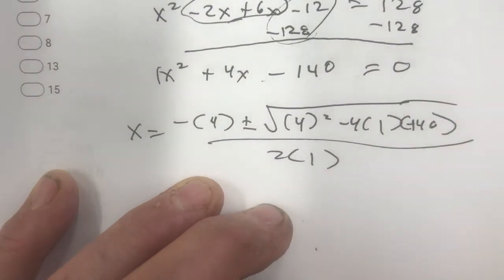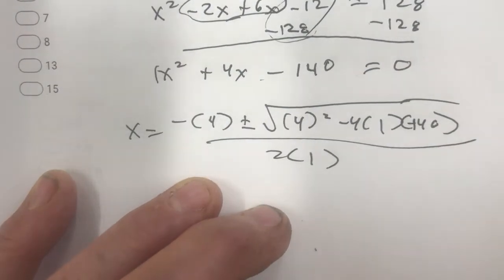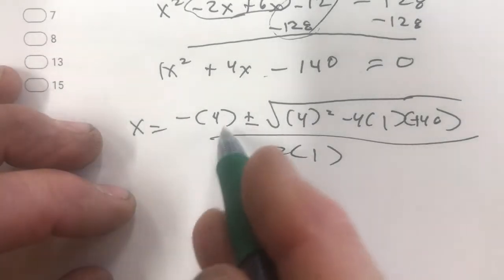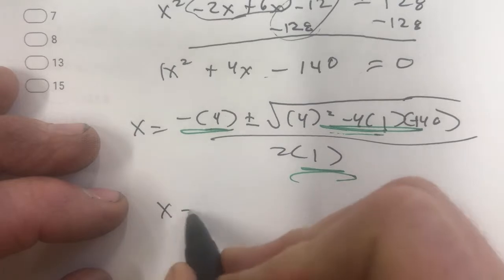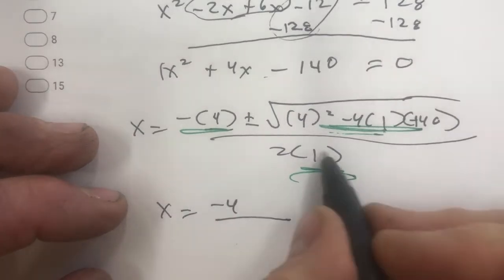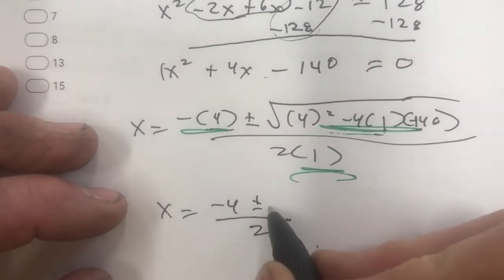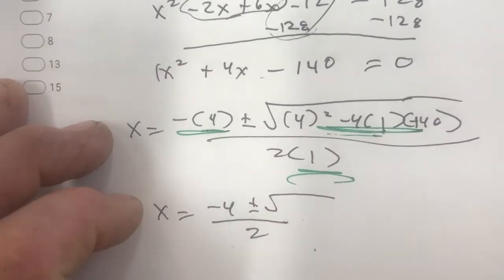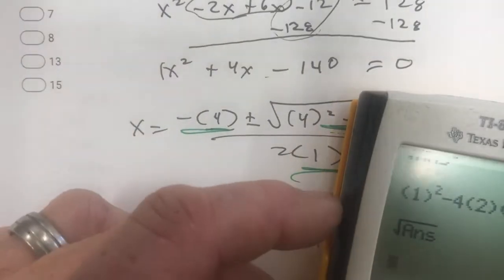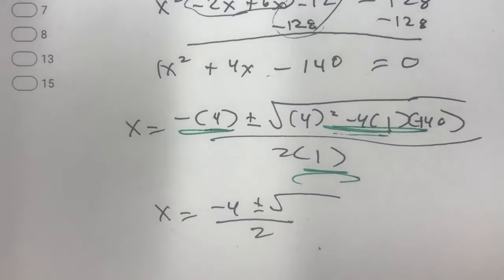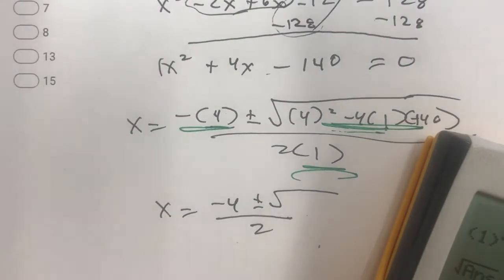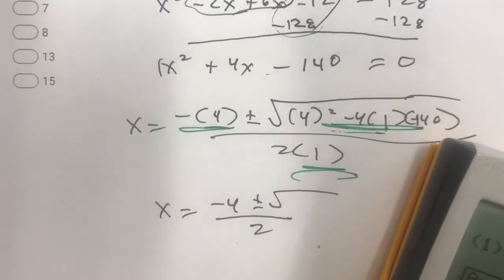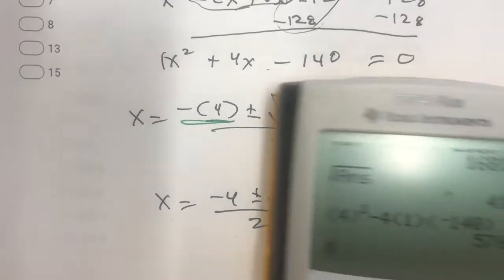Which means I have 1, 2, 3 things to do at one time here. That's going to be negative 4. 2 times 1 would be 2 down there. And then my radical, I just punch that in the calculator: 4 squared minus 4 times 1 times negative 140. I got 576.